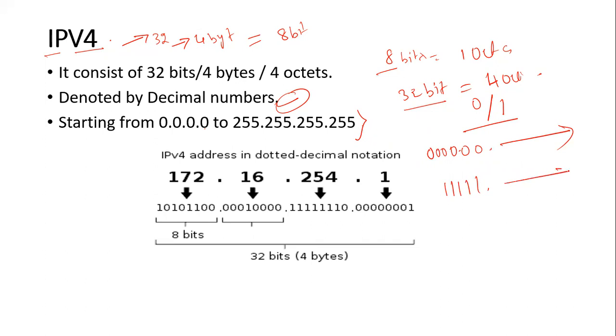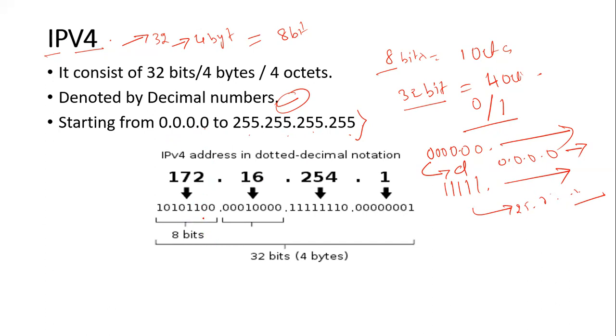If you convert these binary digits into decimal, we get 0.0.0.0 as the minimum value and 255.255.255.255 as the maximum value. So we can say IPv4 addresses range from 0.0.0.0 to 255.255.255.255.